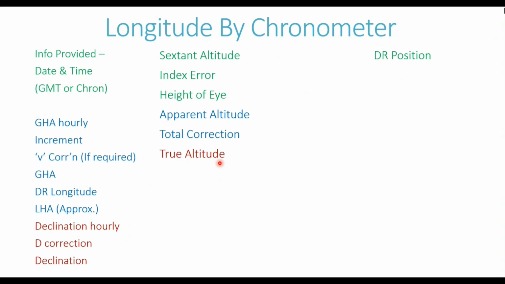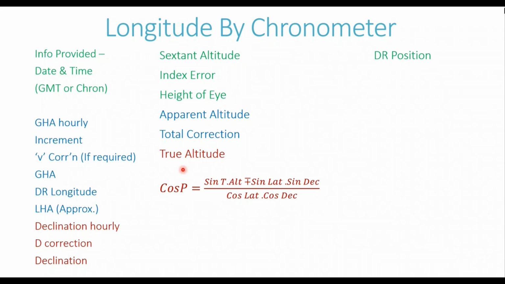So this is step number 2. So we obtain the true altitude of the body. Now, once we obtain the true altitude, GHA and the declination, we are now ready to apply the long-by-chron formula.